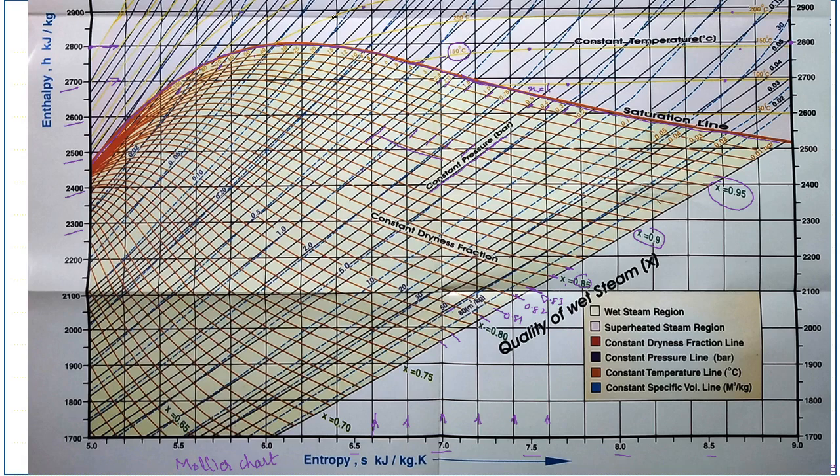All these yellow color lines after the saturation curve are representing constant temperature of steam in the superheated region. So these are the various lines which are represented on the HS or enthalpy entropy diagram, which has a specific name: we call it the Mollier chart.